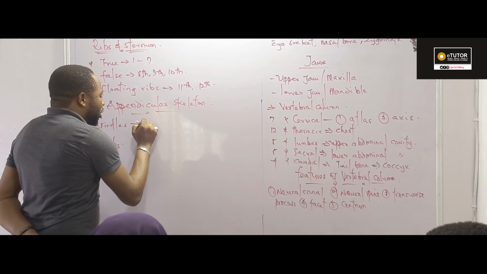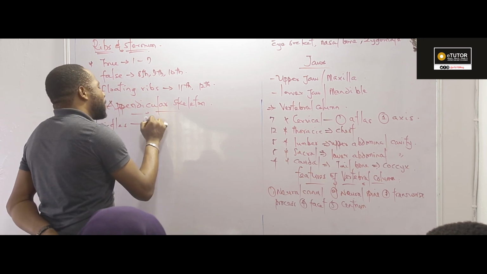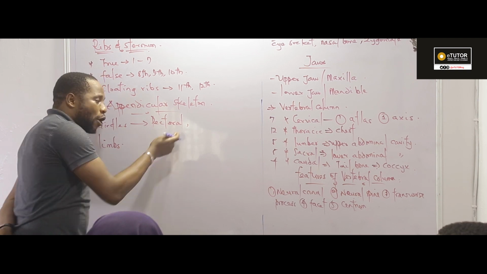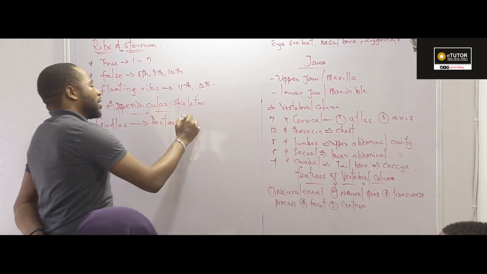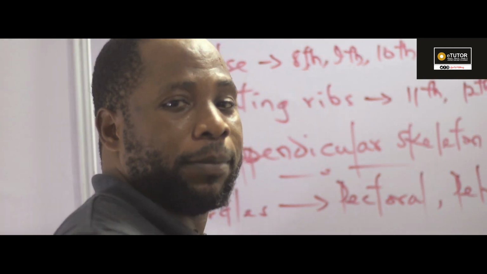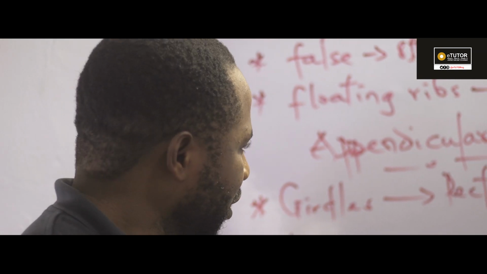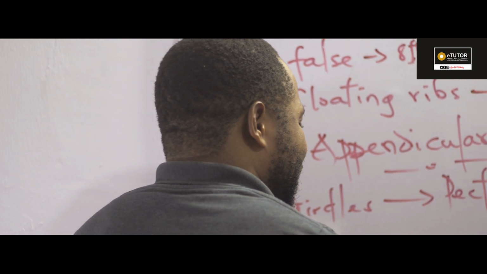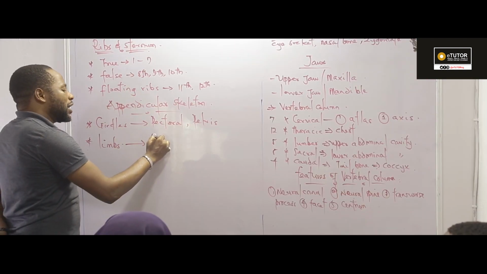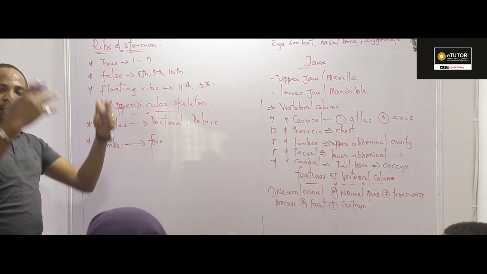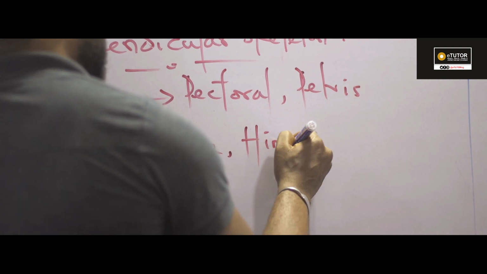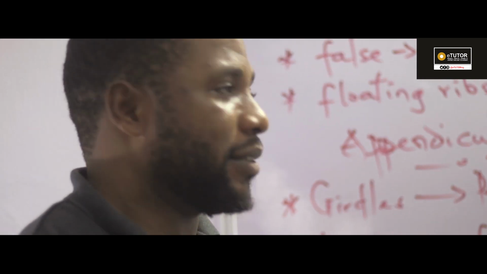The girdle is subdivided into the pectoral, the bone of the shoulder, and the pelvis, the bone of the hips, the bone of the pubic region. The limbs are subdivided into the forelimbs, the bone of the hand, and the hind limbs, the bone of the leg.